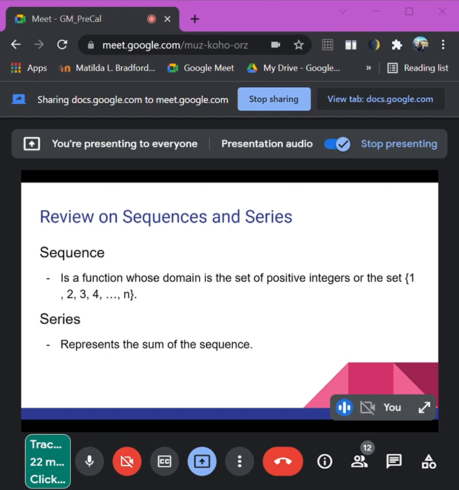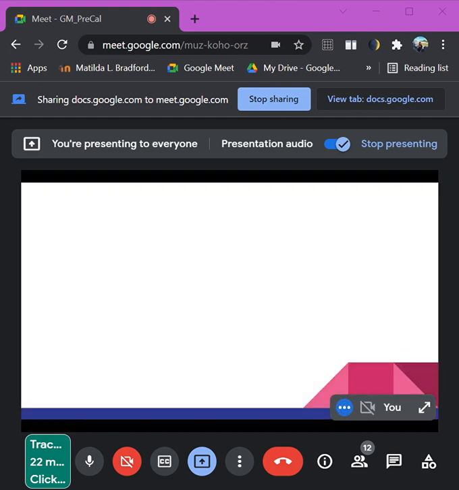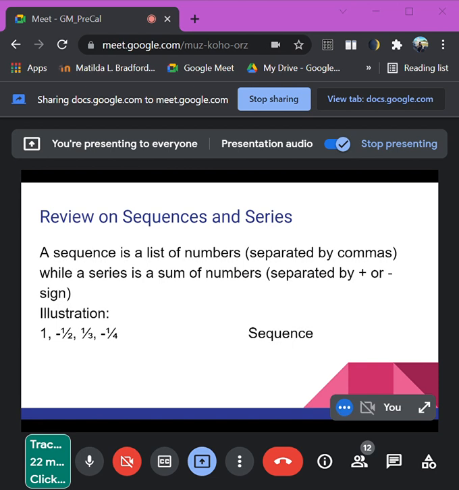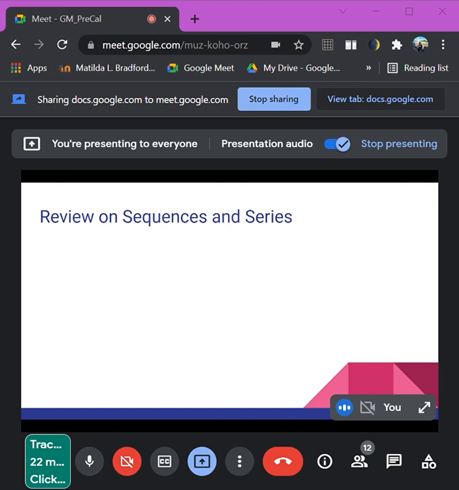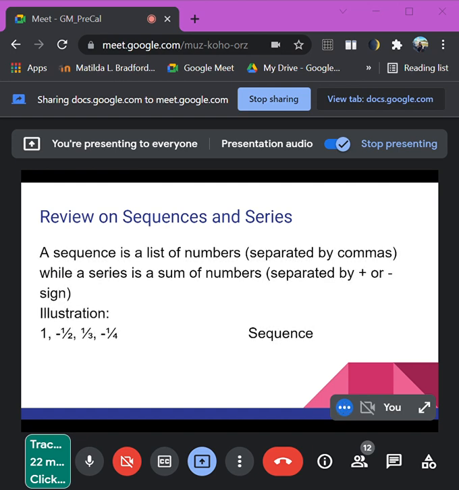Now, in this class, we are going to have some examples of how we are going to represent a sequence. So we have here, a sequence is a list of numbers separated by commas, while a series is a sum of numbers separated by plus or minus signs. So if we are going to illustrate, we have an example: 1, -1/2, and -1/4.